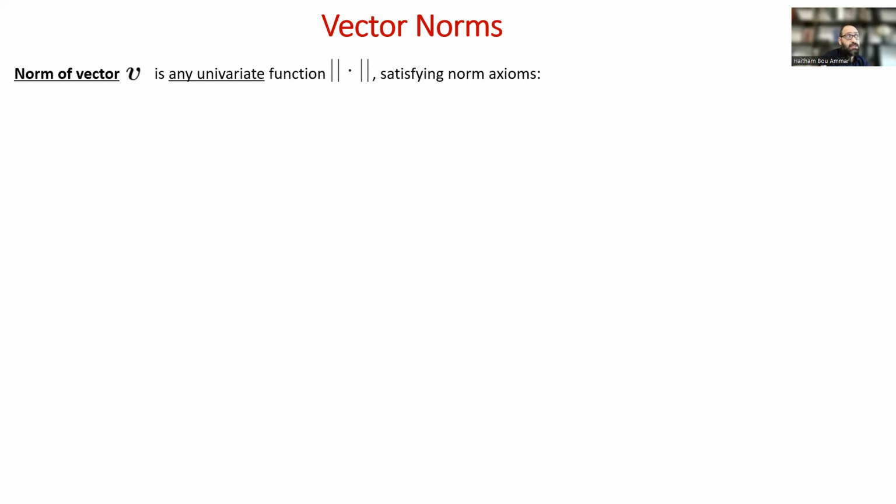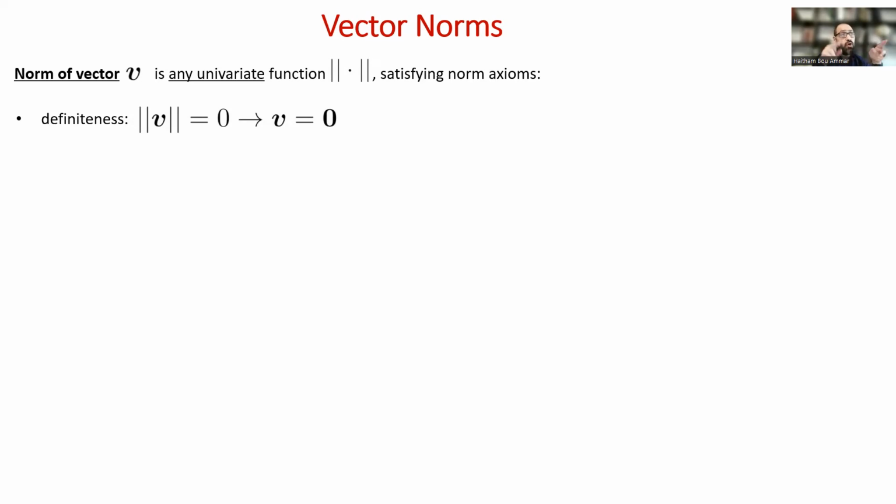Now the norm of a vector is any univariate function that satisfies the following norm axioms. The first axiom is definiteness. If the norm of the vector is 0, then that means the vector itself is 0.